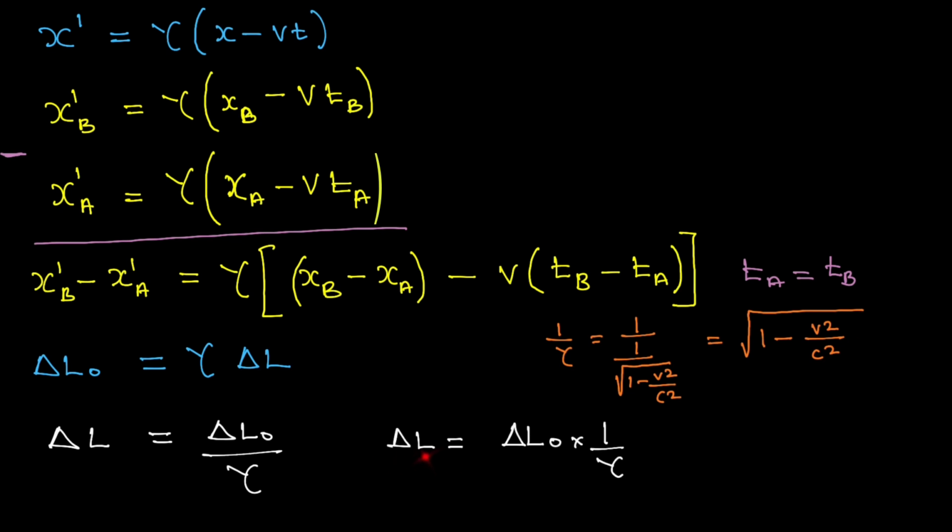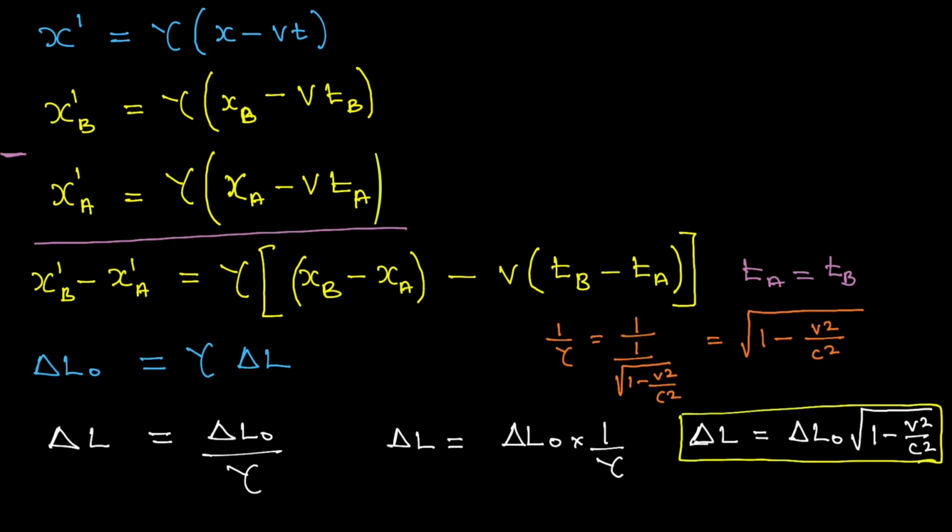You can see delta L equals delta L naught times 1 over gamma, which means delta L will be equal to delta L naught root 1 minus v squared over c squared. And that is the distance contraction, because the root of 1 minus v squared over c squared will be less than 1. If you multiply that by the original length, the proper length, this will be smaller. So we call that length contraction.